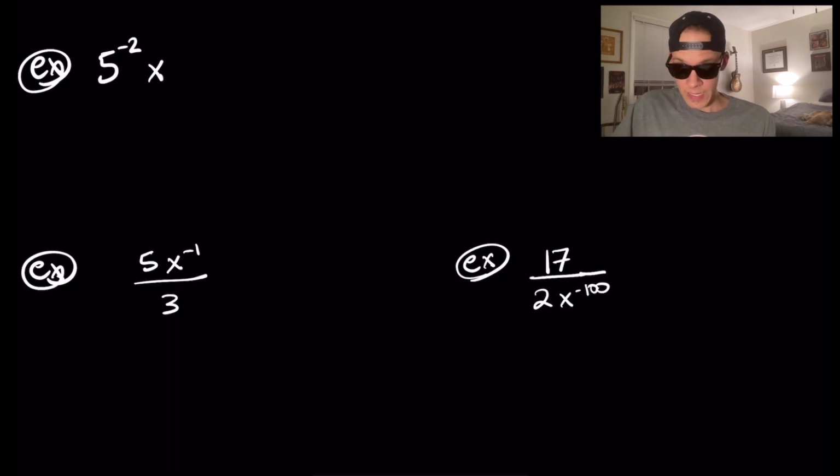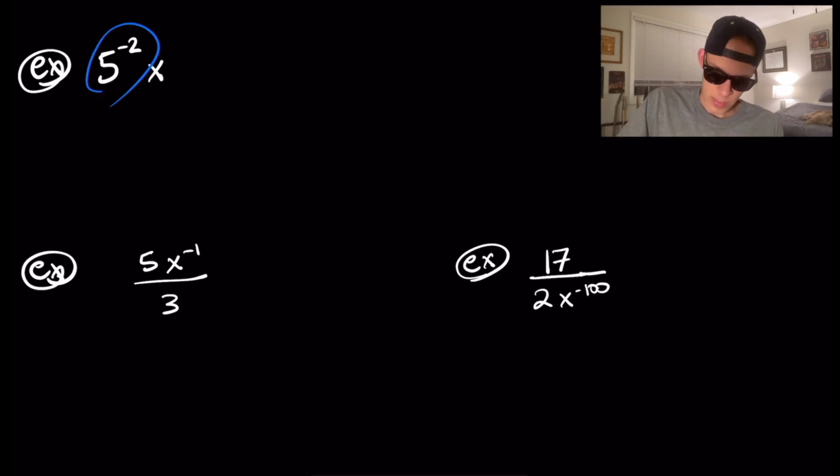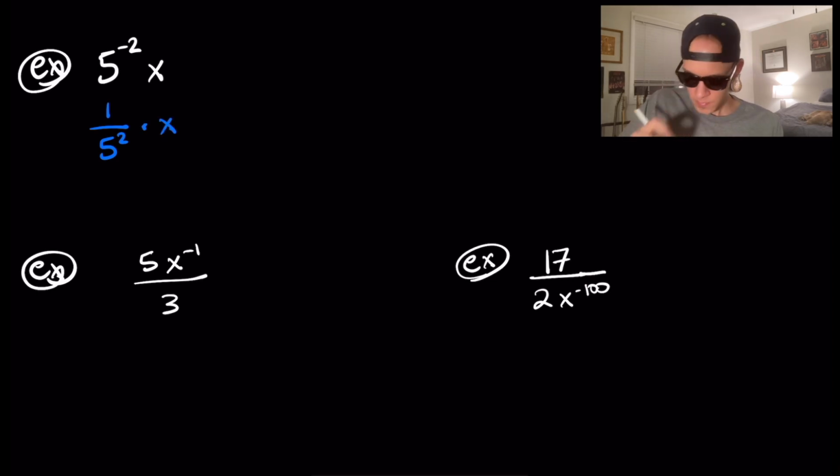All right, 5 to the negative second x. So here is our term with the negative exponent, and we know what to do, right? I'm going to rewrite this as 1 over 5 to the second, and then times x. And x, I can write that as a fraction by just putting it over 1.